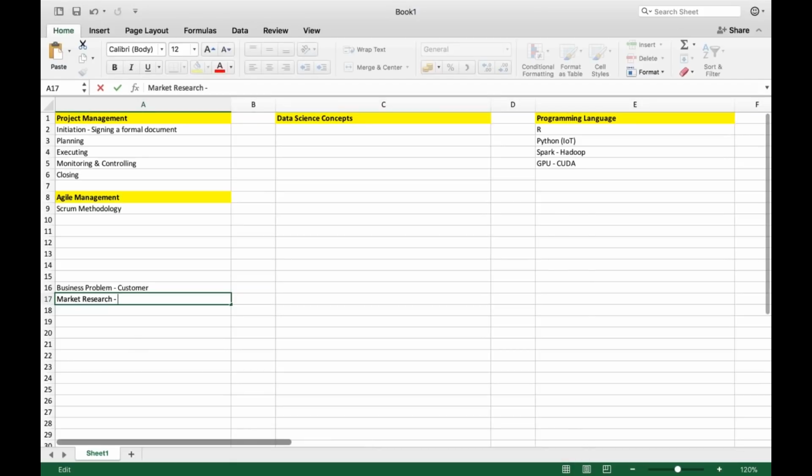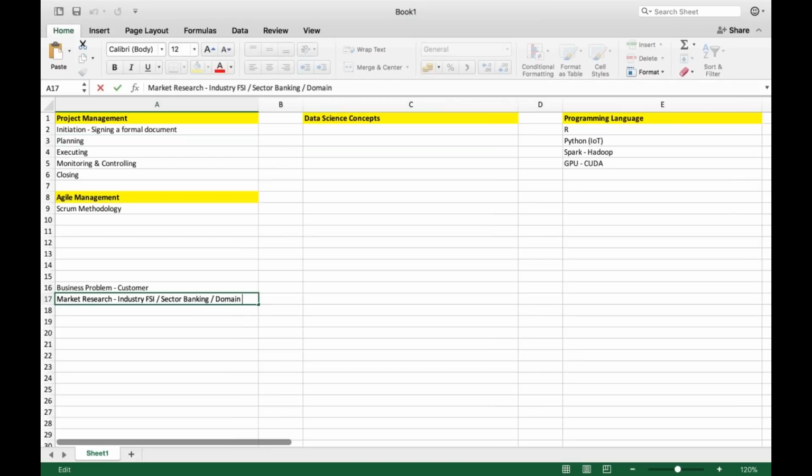You need to first understand on which industry, which sector, which domain the customer is from. These three are not the same, these three are very different. Financial services insurance is the industry example. Okay, sector could be banking, domain could be risk management.